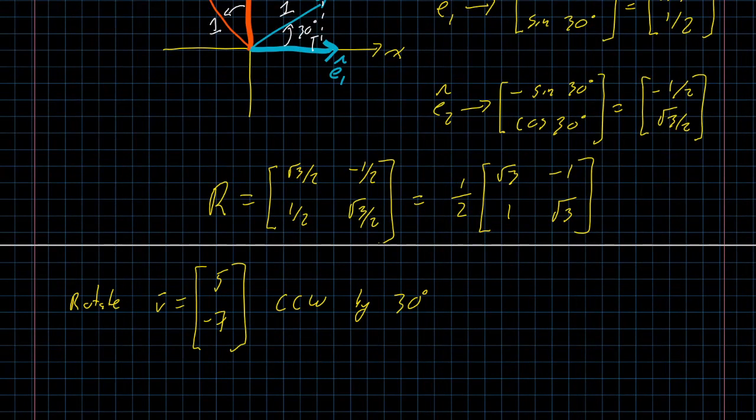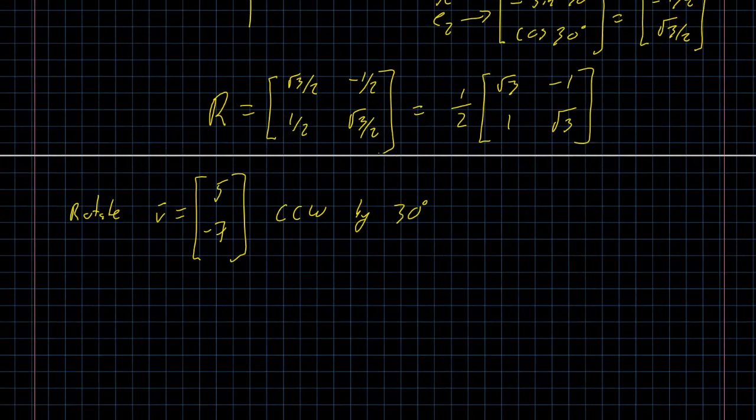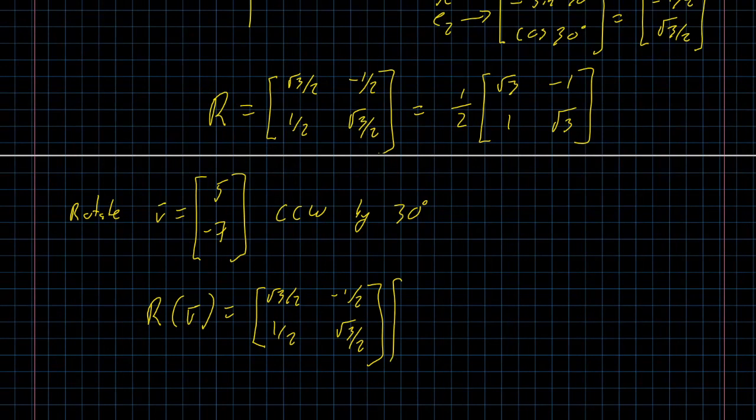Well, I can just apply my linear transformation R to that vector, which means multiply my matrix, root 3 over 2, -1/2, +1/2, root 3 over 2, times the vector in question, 5, 7. I should have used even numbers so the fractions would cancel out, but I did not.